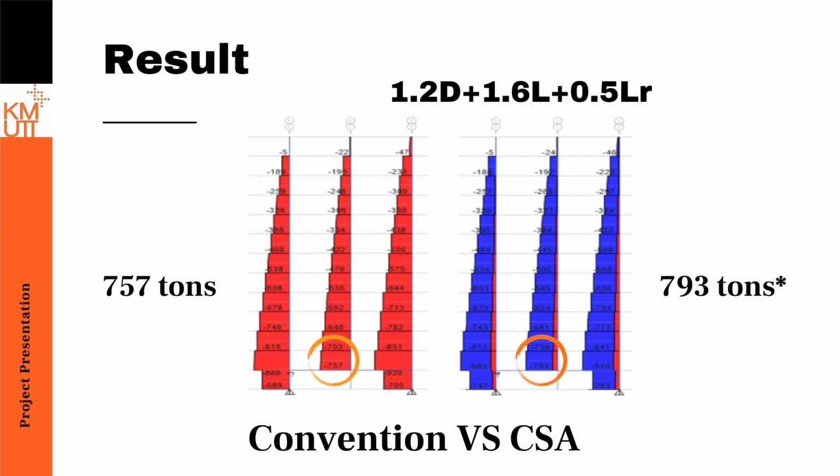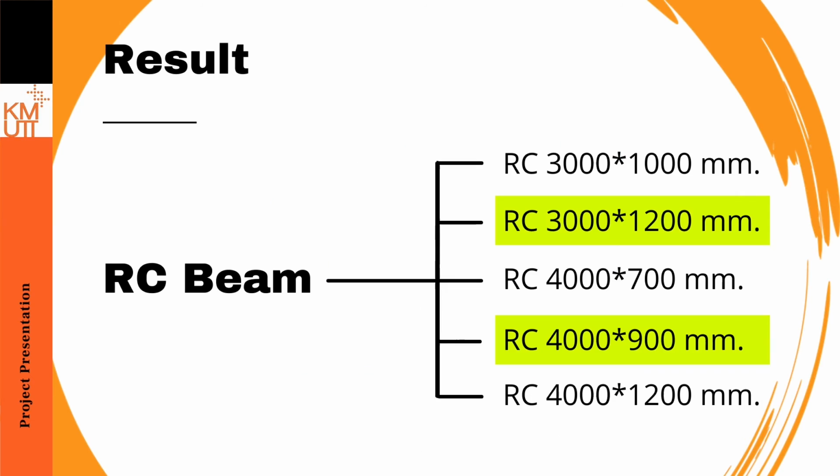The axial force in the interested column is 793 tons. That has increased by 5% compared with the conventional method, which is 757 tons, due to the involvement of deflection. So the axial force or vertical load of 793 tons has been selected to design reinforced concrete beam, truss, and plate girder section.